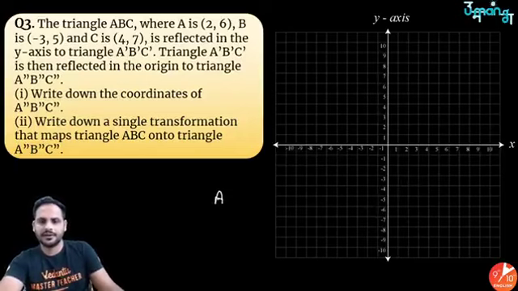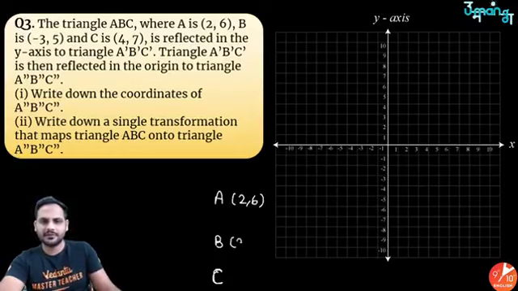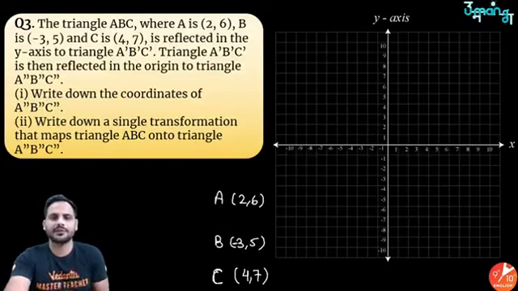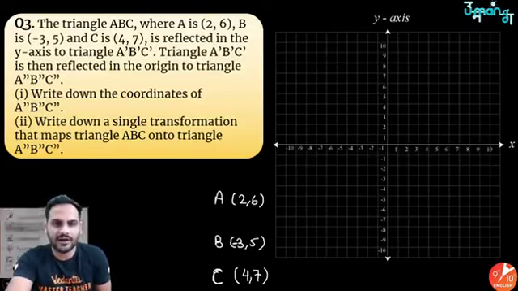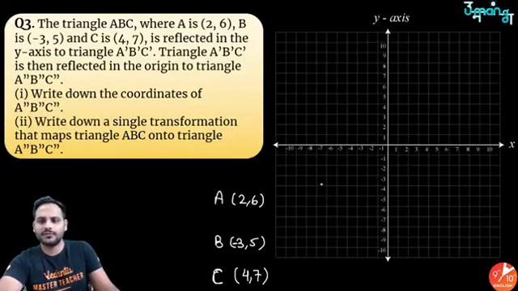A is (2,6), B is (-3,5) and C is (4,7). The first reflection is along the y-axis, so we will be getting A', B', C'.